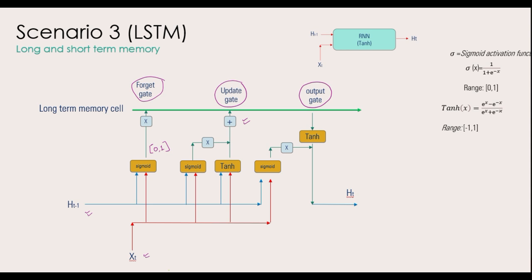Now coming to the output gate, here we are reading data from the long-term memory cell and then applying the tanh transformation. Before sending this value to the output, we again multiply by a sigmoid function, which means we send a fraction of it as output to the next stage, and here ht represents the output of this long and short term memory.